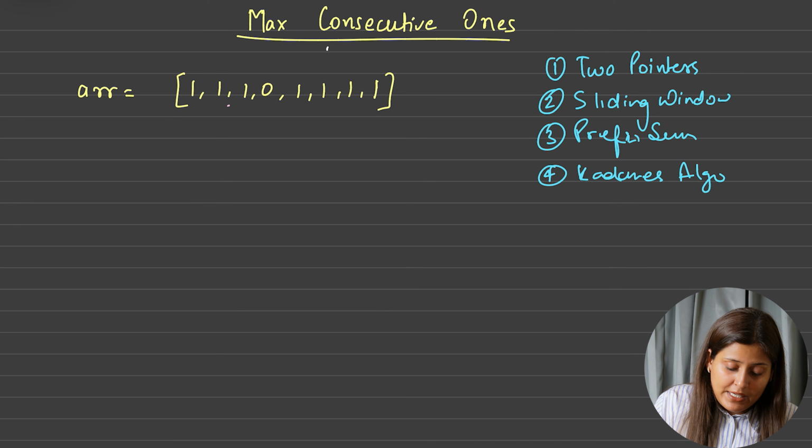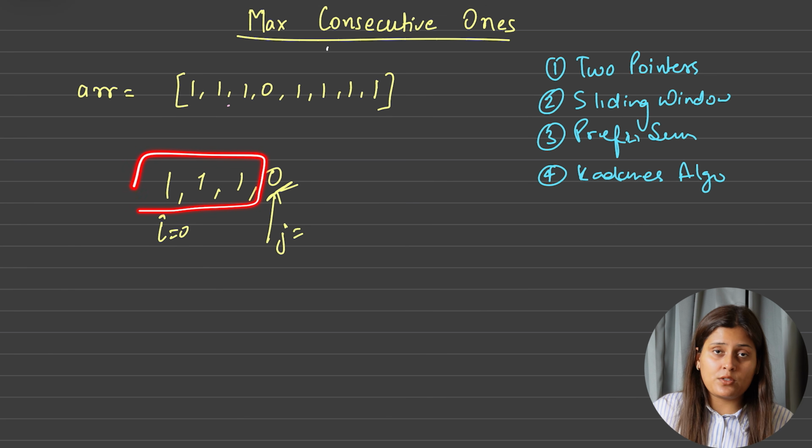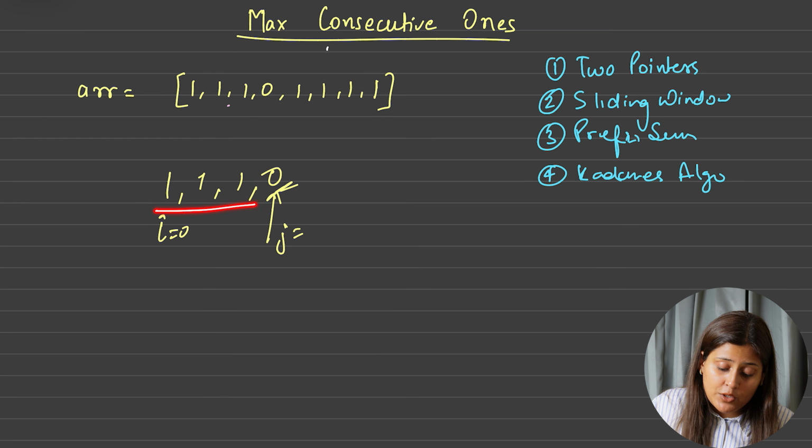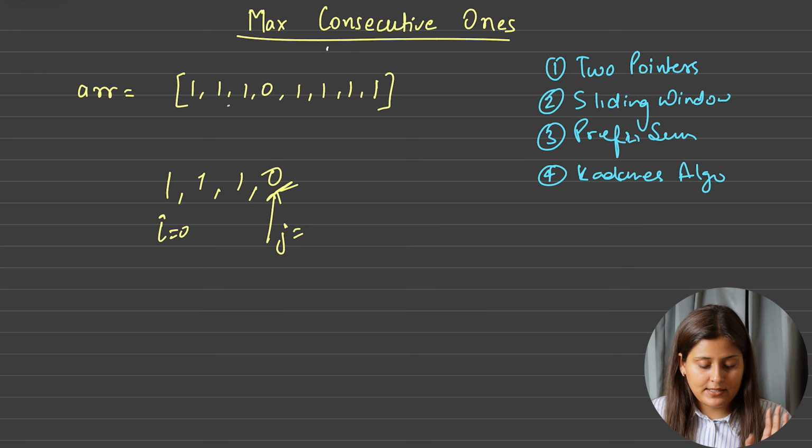For sure, if these are the numbers and your i is at 0, and your j will always stop here, then the maximum length of this continuous run of 1s you will get from i equal to 0 instead of i equal to 1 or i equal to 2. Yes or no? Of course, yes, correct.